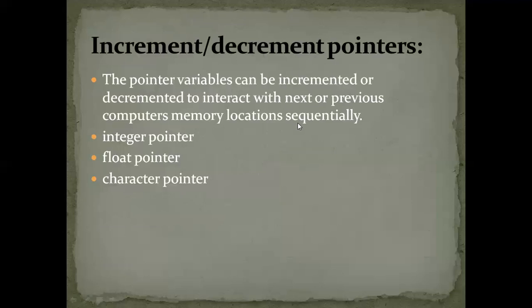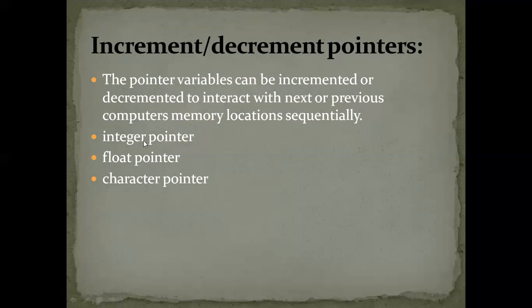Next concept is incrementing or decrementing pointers. The pointer variables can be incremented or decremented to interact with the next or previous computer memory locations sequentially. There are 3 types: integer pointer, floating pointer, then character pointer.